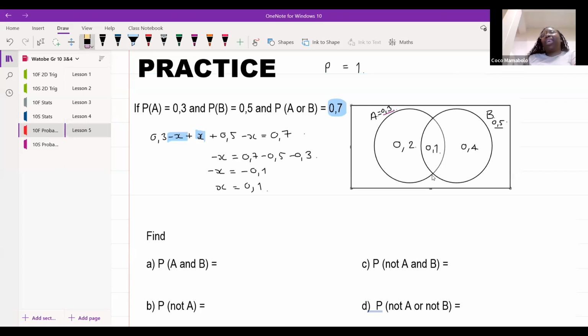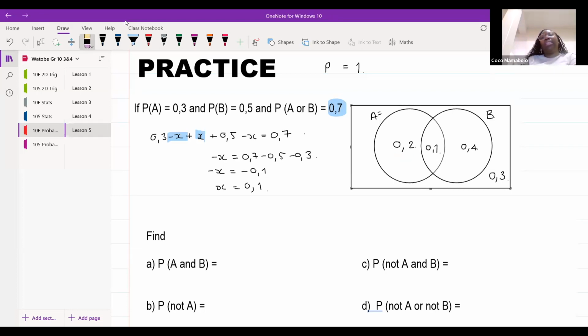So how much are we missing in the rectangle? Not 0, Keegan. If all of these together make 0,7, how much is missing for us to get to 1? Correct. That's it, Abigail. Good, Keegan. We're looking for 0,3. Very nicely done.